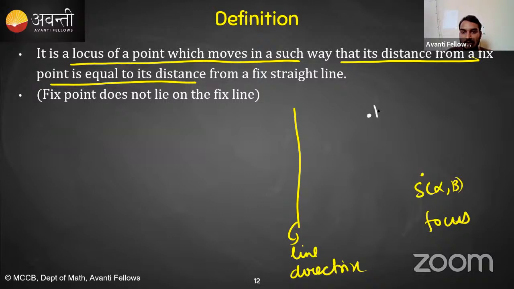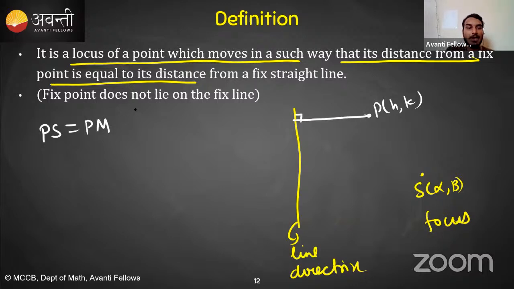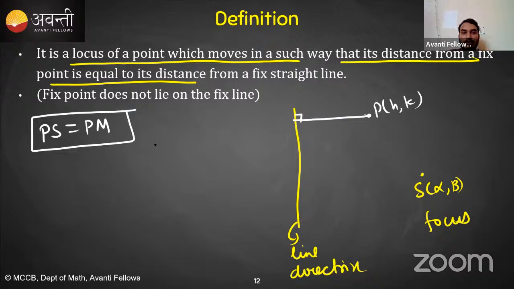Let's say this is a locus h comma k, such that its distance from the fixed point is equal to its distance from the line. So for a parabola, we say PS equal to PM. Yes or no? PS equal to PM. Clear, everyone? Means PS square is equal to PM square.